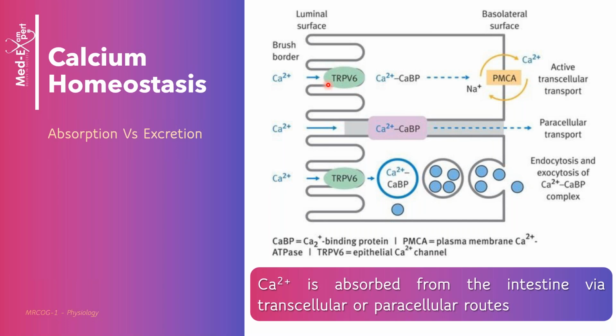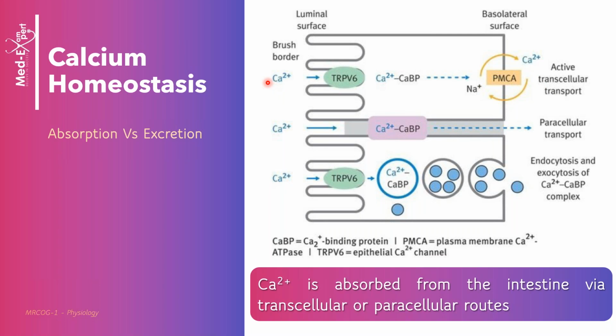This is the name of this channel, the epithelial calcium channel, and then it goes through this channel inside the cell to bind to calcium binding protein, and this is called endocytosis of the calcium inside the cell. Then after binding to this calcium binding protein, it will pass to the circulation by a process of exocytosis by what's called the plasma membrane calcium ATPase channel.